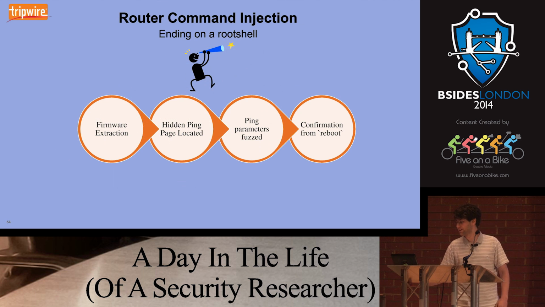So what we've done here, we extracted the firmware. We found that there was a hidden ping page on there. We fuzzed the parameters very briefly. The way that I actually tested it the first time was just by doing backtick reboot backtick, and found, yep, box reboots. And it's a very common problem.